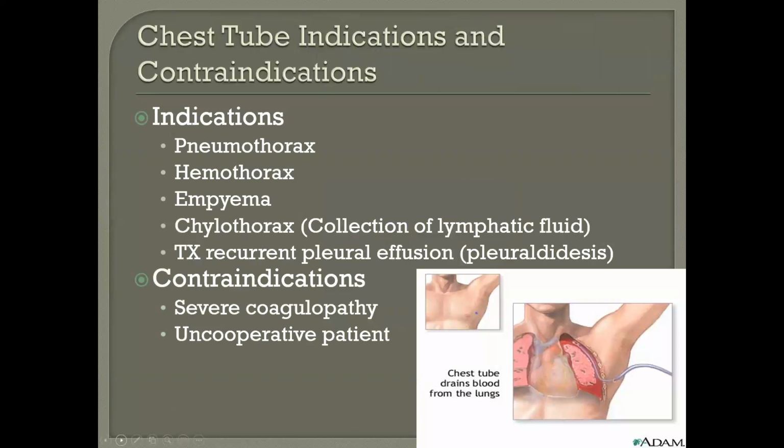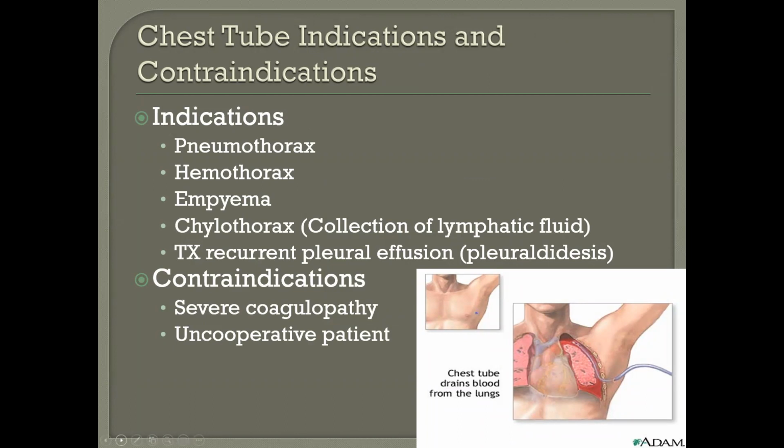Indications, contraindications. Indications: pneumo, hemo, empyema, and then a chylothorax, which is lymphatic fluid. And then a pleurodesis, a treatment for recurrent pleural effusion. Most common cause of a recurrent pleural effusion is cancer.